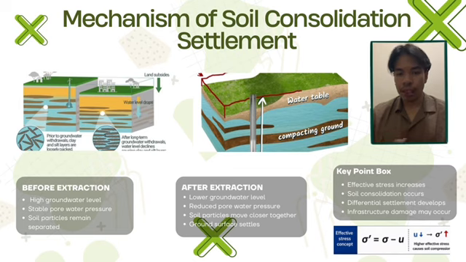When pore water pressure decreases, the effective stress increases. As a result, soil particles move closer together, causing consolidation settlement and ground subsidence. This may lead to infrastructure damage such as cracked roads and building settlement.